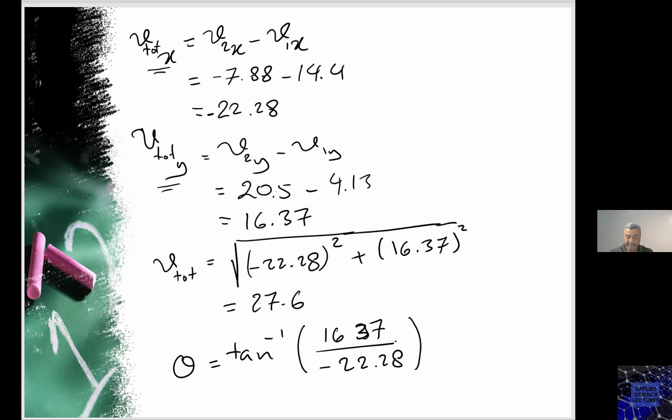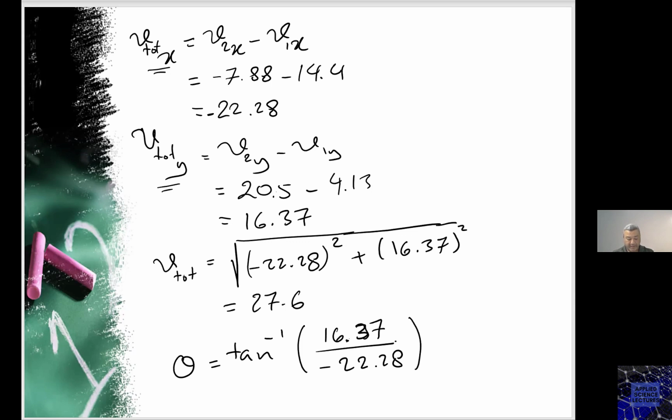What about the tan inverse? 16.37 divided by minus 22.28. Negative 36.31.